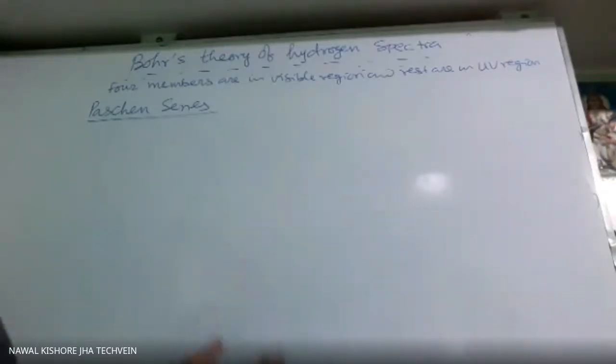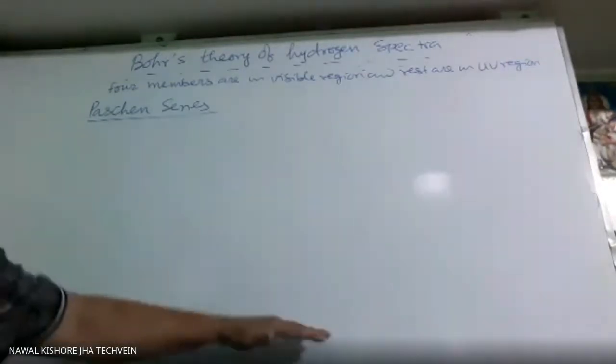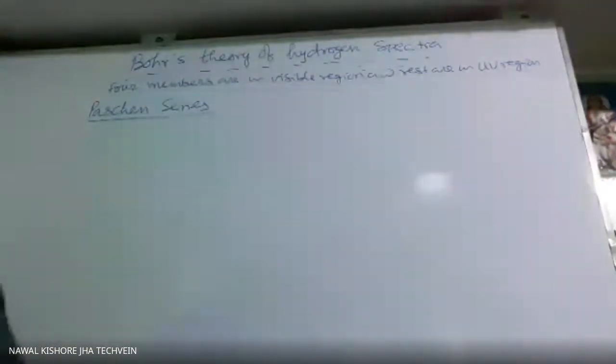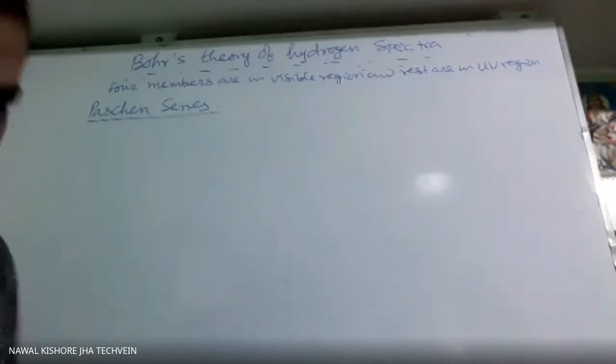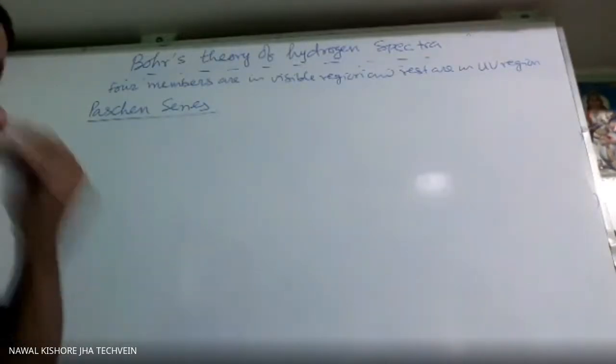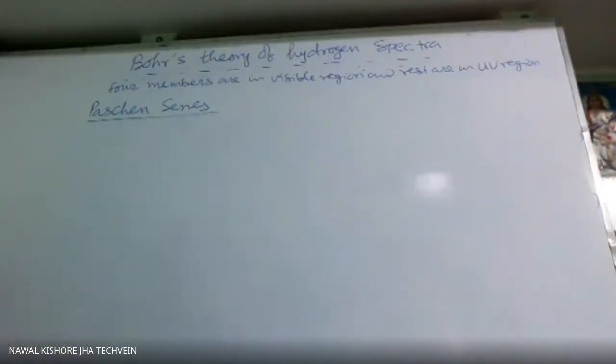The second orbit means the excited state. The first orbit is the ground state for hydrogen. In the normal state, the electron will revolve in the first orbit only. So the first excited state means the electron is present in the second orbit. For that we have to give some energy, then only it will go to the second orbit.